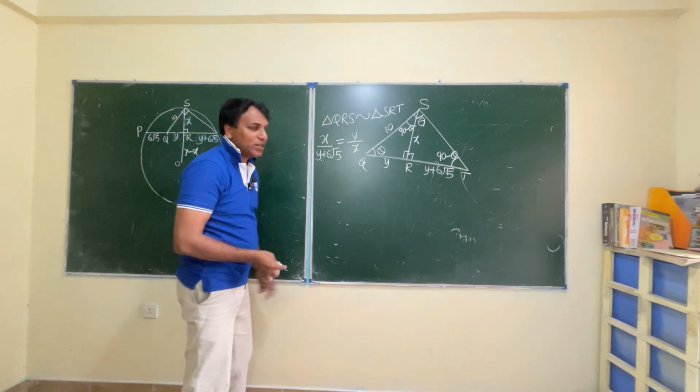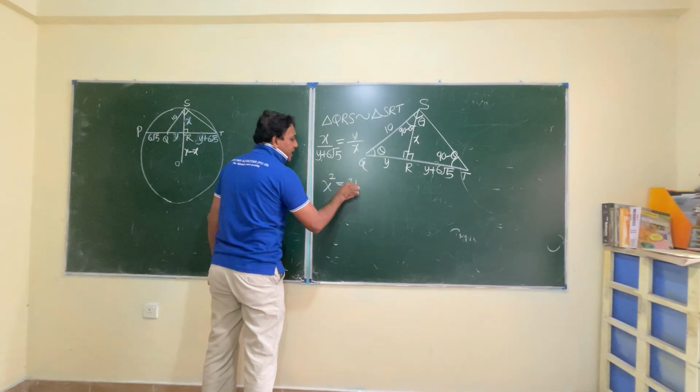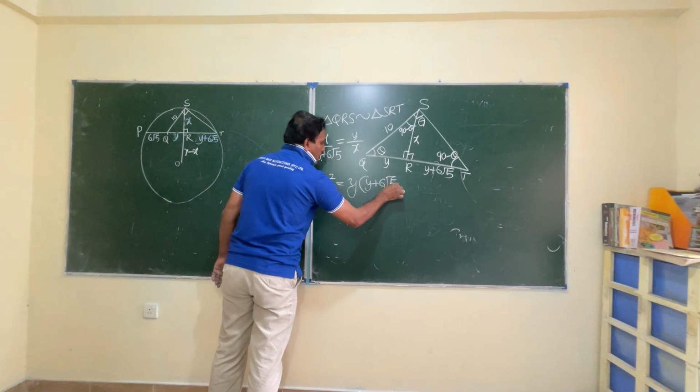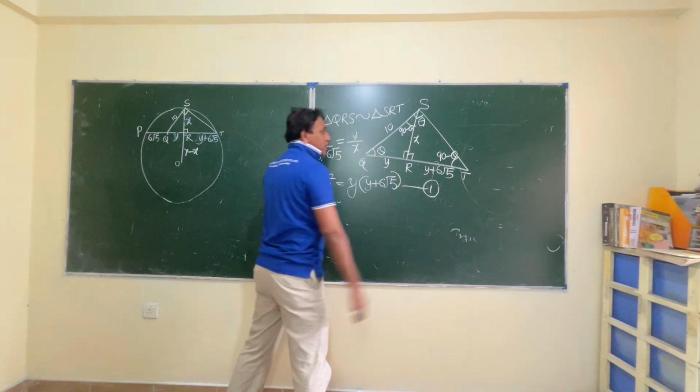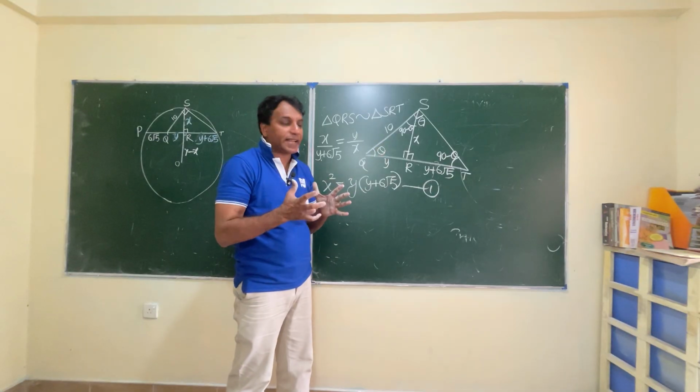Okay, therefore cross multiply: x square equal to y into y plus 6 root 5, okay. Can I take number 1 first equation?